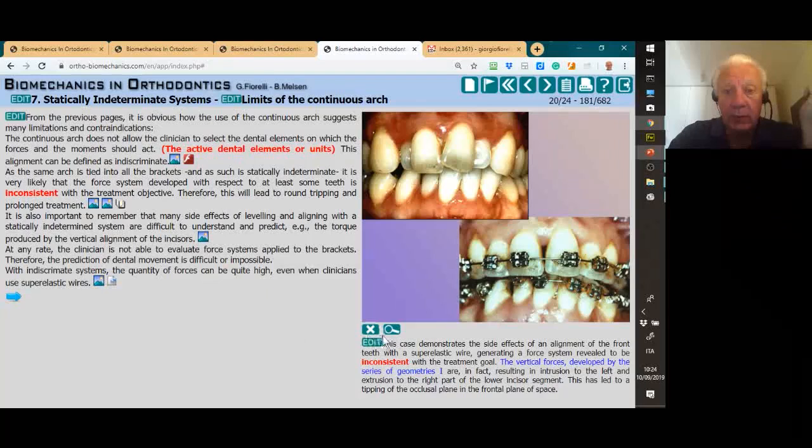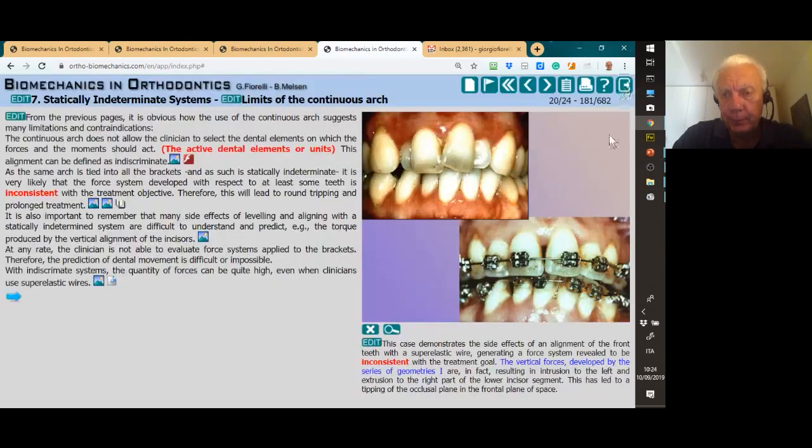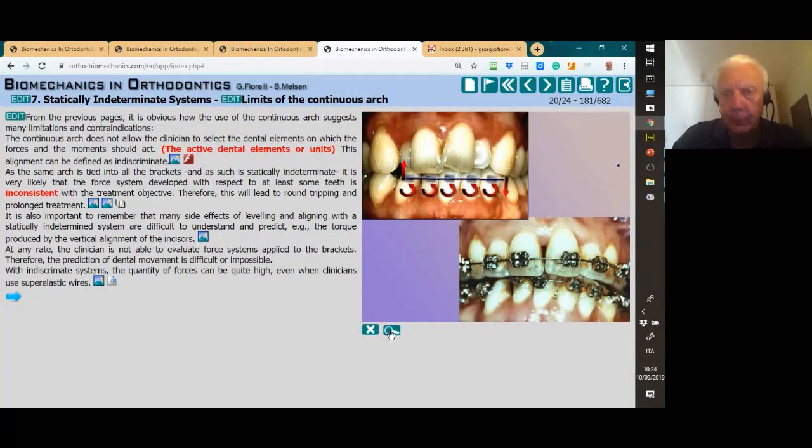I would like you to see this case where we have a sequence. All the teeth are inclined to the left in the lower arch. So we could imagine this position of the brackets.